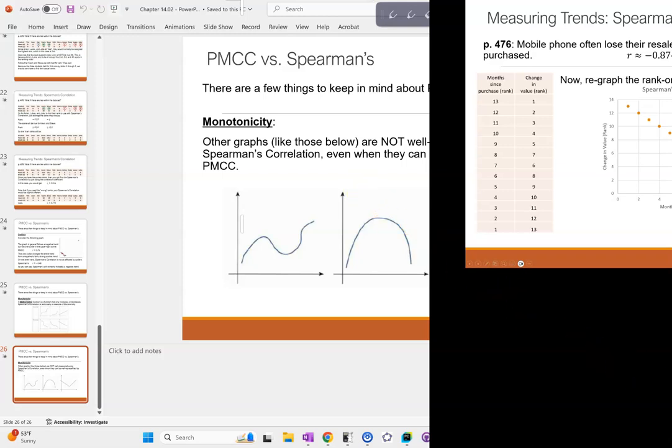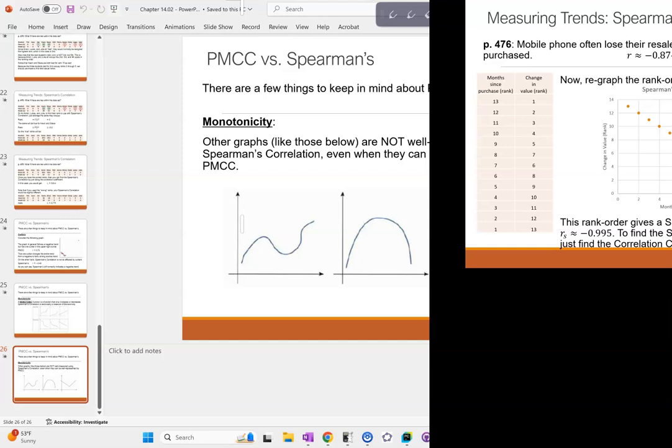Ooh, boy, that looks pretty linear now, right? And as a result, the Spearman gives me an awesome relationship, which tells me that overall there's a really strong negative trend. So the longer you own the phone, the less it's worth. And that is a pretty strong relationship.